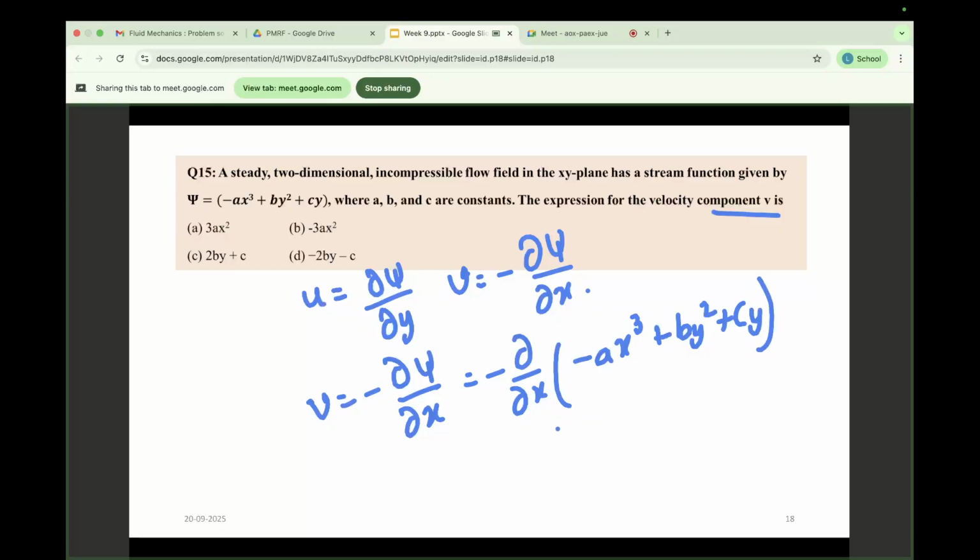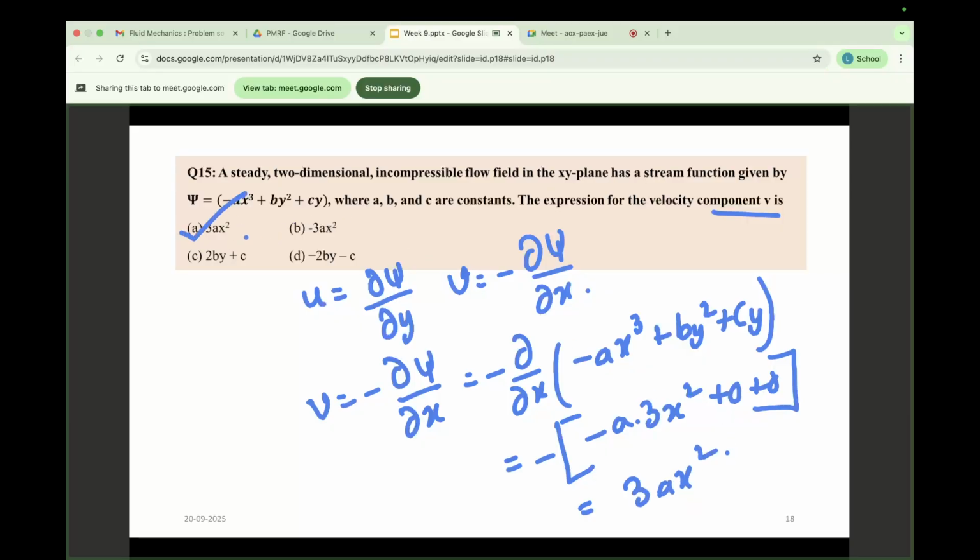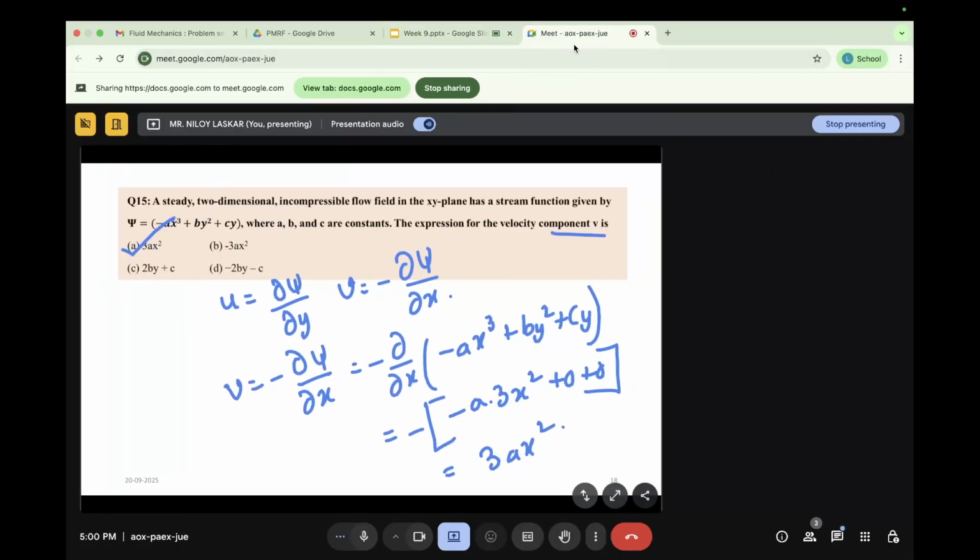It's a partial derivative. So minus a will come out, and this will be 3x square, and this is constant because no x term is there. So what I will get is 3ax square. So the correct option is option A. Good, Rudunil, you have answered it correctly.